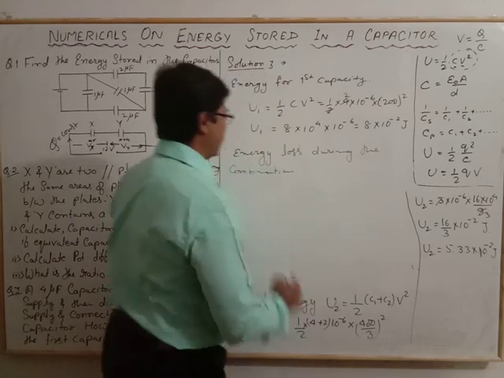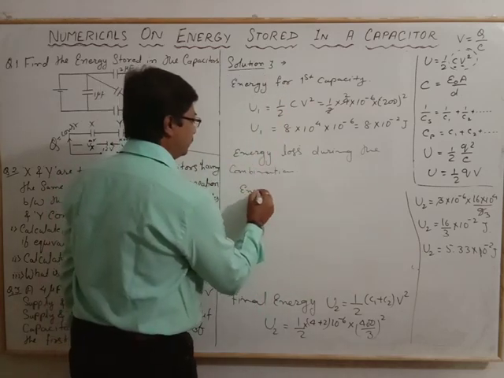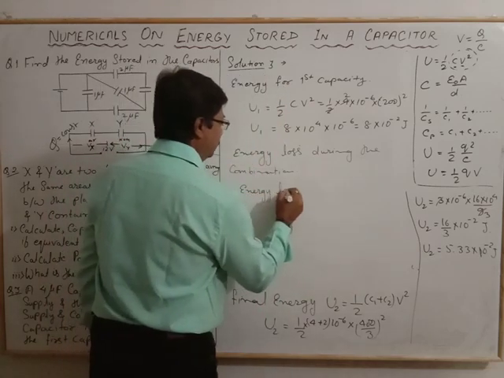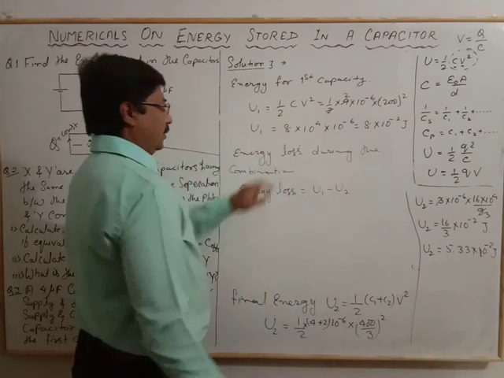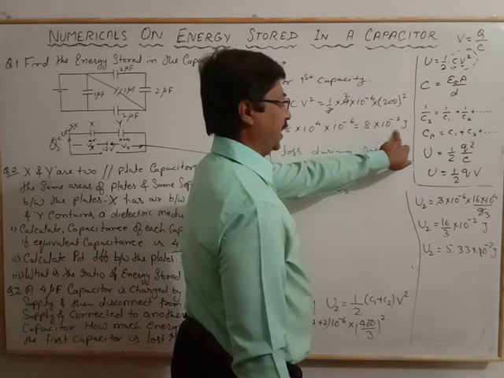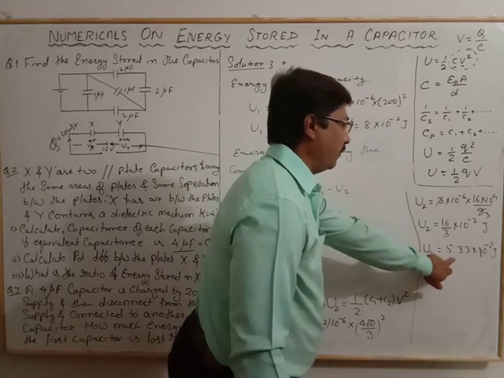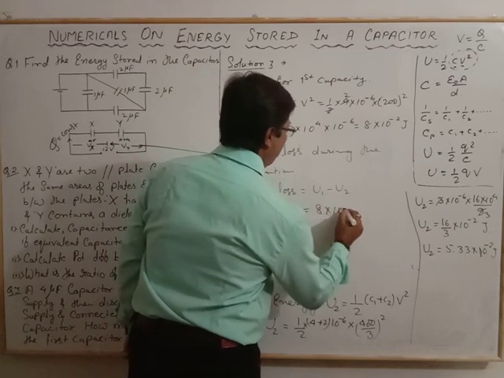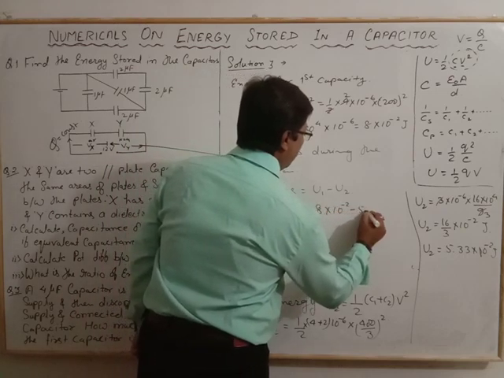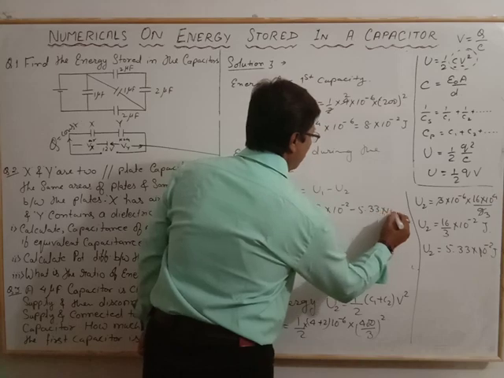In that case, energy loss is equal to U1 minus U2. U1 we have as 8 into 10 to the power minus 2 joule and U2 is 5.33, so we have 8 into 10 to the power minus 2 minus 5.33 into 10 to the power minus 2 joule.